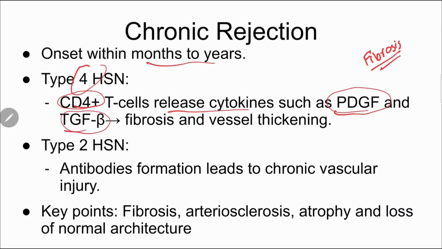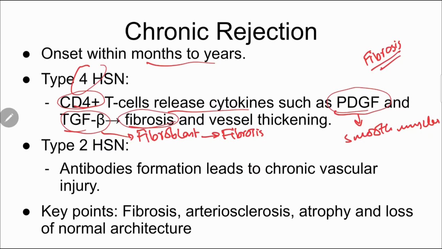So PDGF is mostly responsible for your smooth muscle proliferation, right? And TGF beta is mostly responsible for your fibroblast activation. So obviously, if your fibroblasts get activated, they start fibrosis. And that's one of the reasons why in these patients in chronic rejection, we have dense fibrosis. And when you have a lot of fibrosis around the vessels, they start becoming stiff.